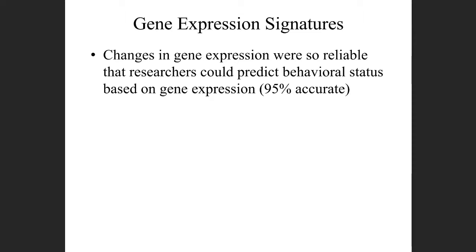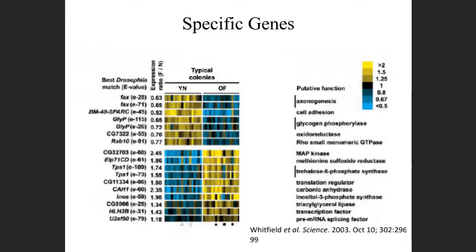Okay. So the interesting thing is the changes in gene expression were so reliable that researchers could recognize whether a bee had been collected in the colony doing nursing behavior versus being collected returning from a foraging trip based on gene expression, which is kind of cool.